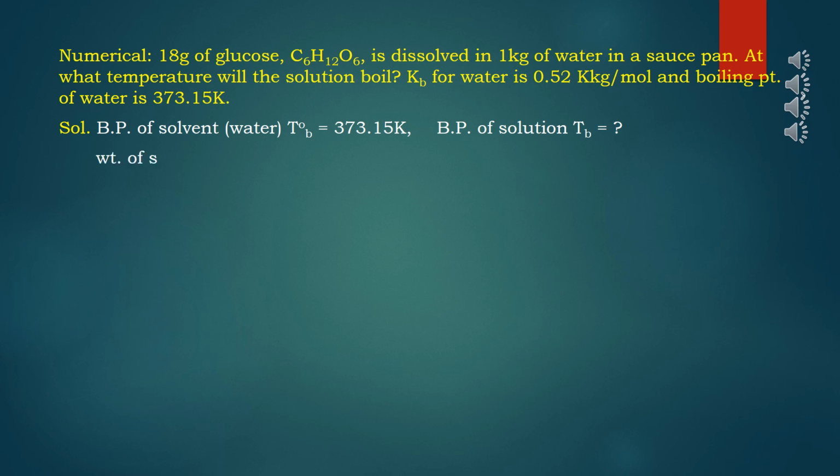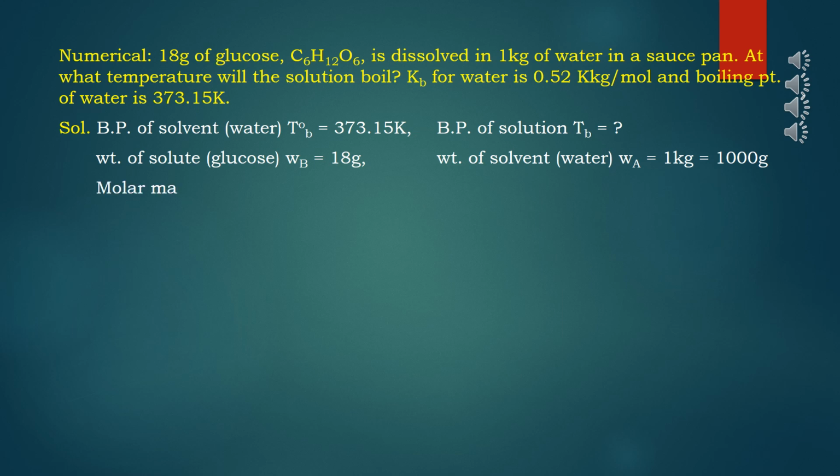Weight of solute, that is the weight of glucose, Wb is 18 gram. Weight of solvent, Wa, is 1 kilogram, or it is equal to 1000 gram. The molecular mass of solute, that is glucose, is 180 gram per mole.